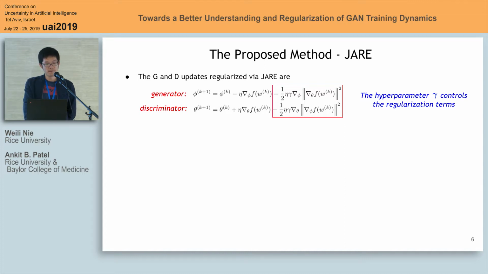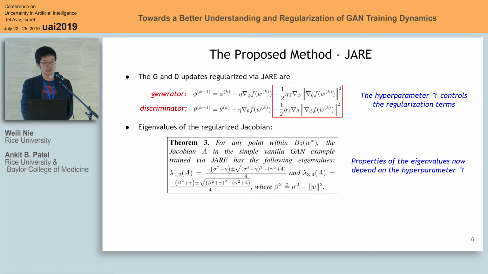For the generator, it tries to minimize the square of the norm of the discriminator gradient. Similarly, the discriminator also tries to minimize the square of the norm of the generator gradient. And the hyperparameter gamma controls the gradient terms.